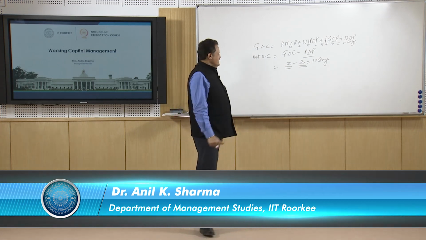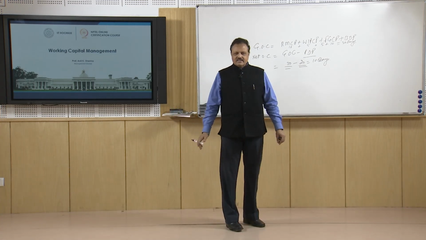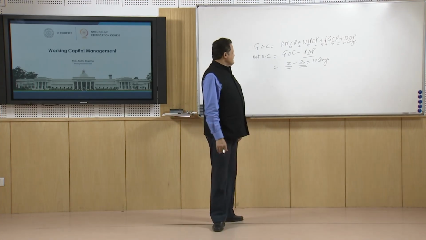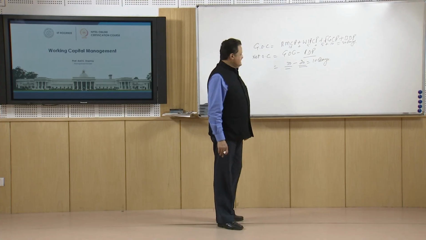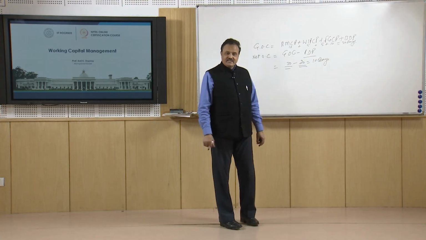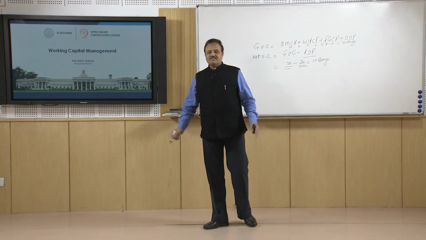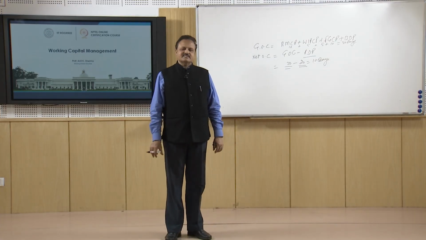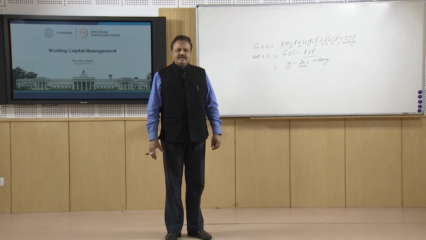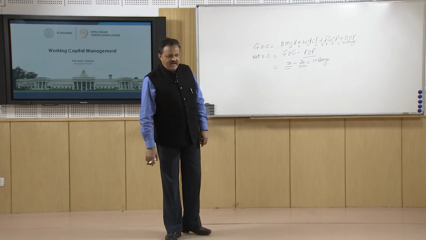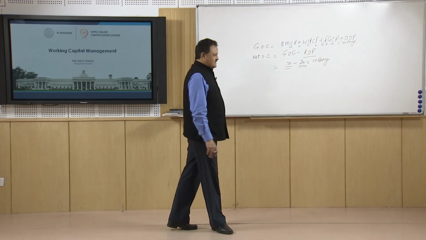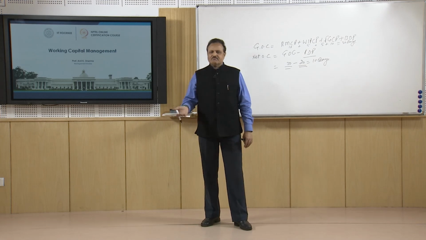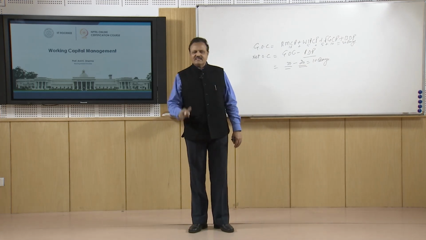Now the question arises, can net operating cycle be negative also? Yes, net operating cycle can be negative also. For example, firms who have a very good credit rating in the market, or who are bulk buyers of different kinds of raw materials. Their raw materials come from different suppliers, and one supplier who is not a very big supplier supplies his total production to one single buyer.